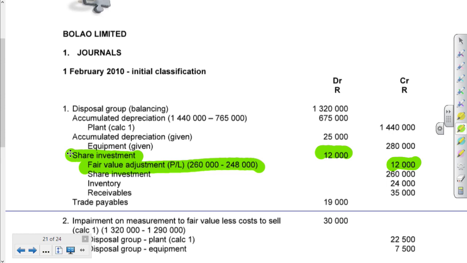When we look at the investment, we needed to take the value from 248 to 260. Do you agree? So that 12 needed to be put in. And then the inventory, they said the net realizable value was 38. It needs to be in at lower of cost or net realizable, so it stays in at 24. So the only entry we needed to get us to 1 February was this adjustment to the investment, and that should have been journal 1.